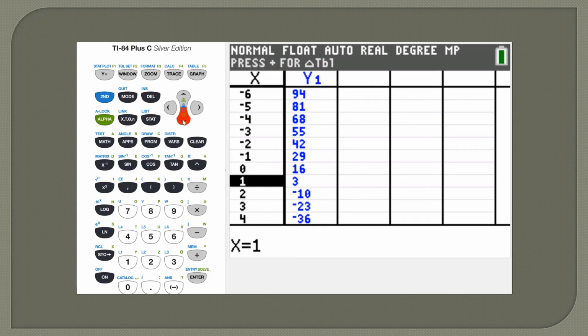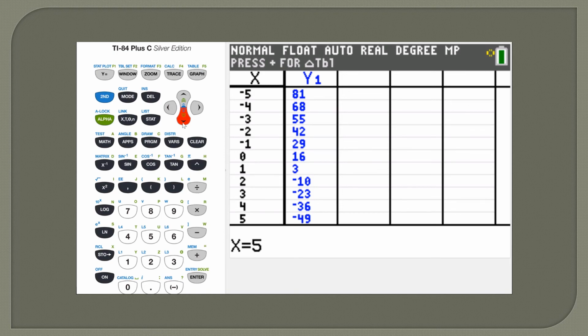And we recall that our sequence was 3, negative 10, negative 23, negative 36. The second number of the sequence is negative 10, the third is negative 23, the fourth is negative 36. Those were all things that we were given. And we're looking now for which term of the sequence equals negative 114. So I'm looking for a y value that is negative 114.